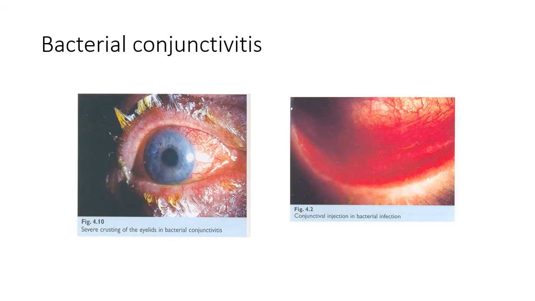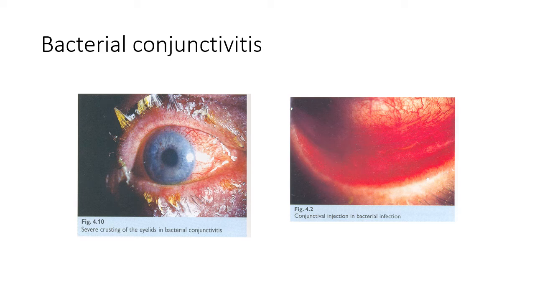In cellular response, there is exudation of polymorphonuclear cells and other inflammatory cells into the substantia propria. In conjunctival tissue response, the conjunctiva becomes edematous, and the superficial epithelial cells degenerate, become loose and even desquamate.